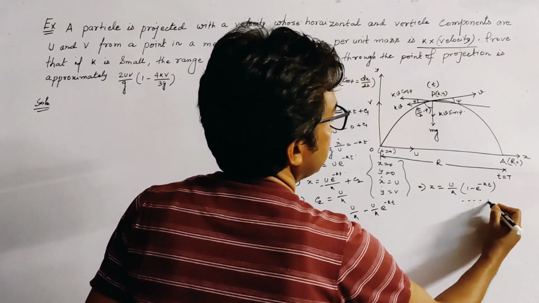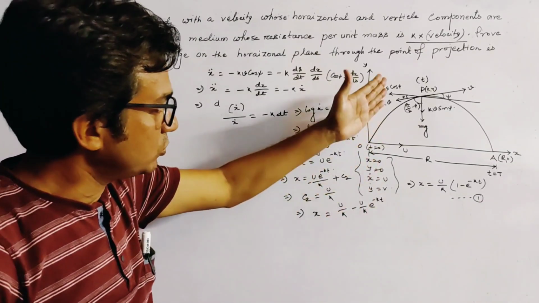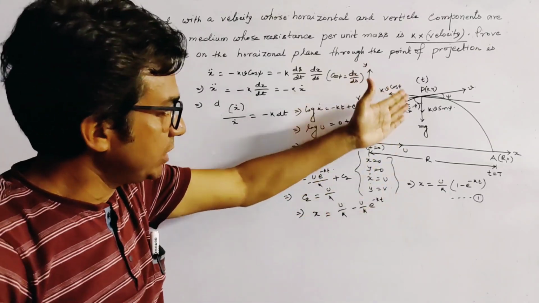This is our first relation. Now we take the second equation of motion along the negative y-axis.